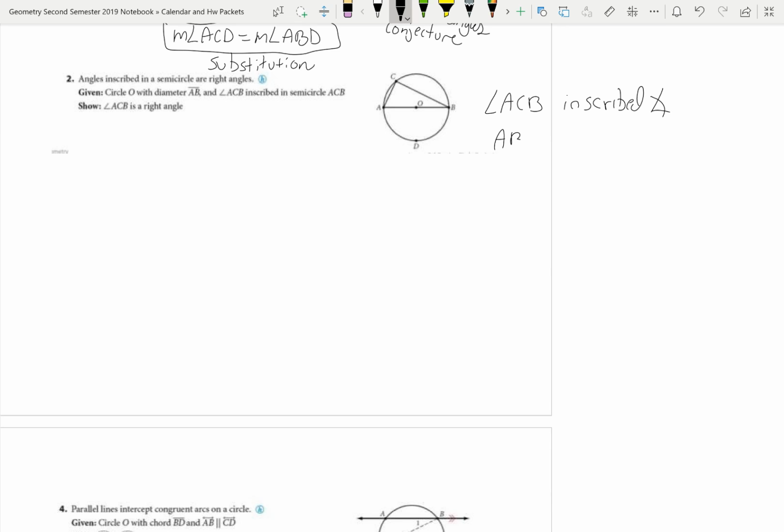AB is a diameter. That's going to mean that arc ABD is a semicircle. Hold on, I think I got the letters backwards.